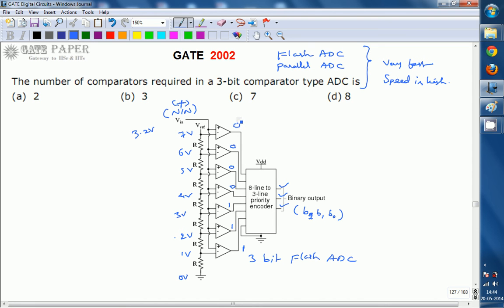So the inputs for the priority encoder are 0 0 0 0 1 1 1, and out of these three ones, the highest one has the highest priority.